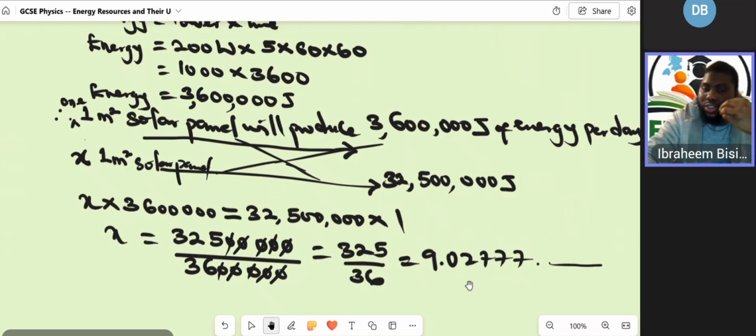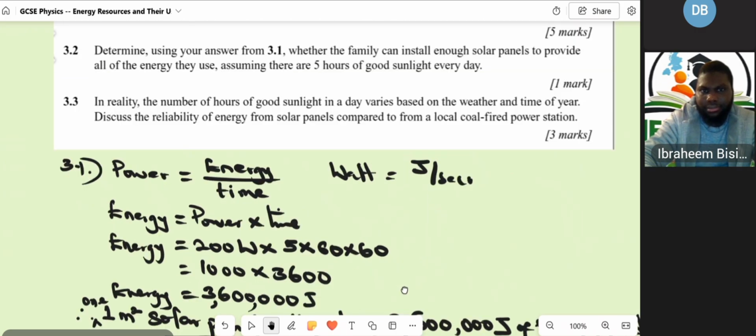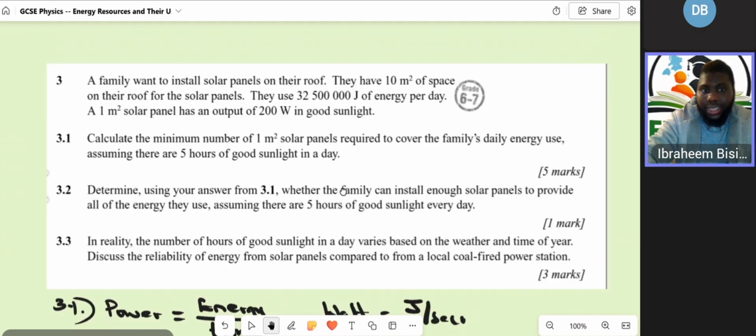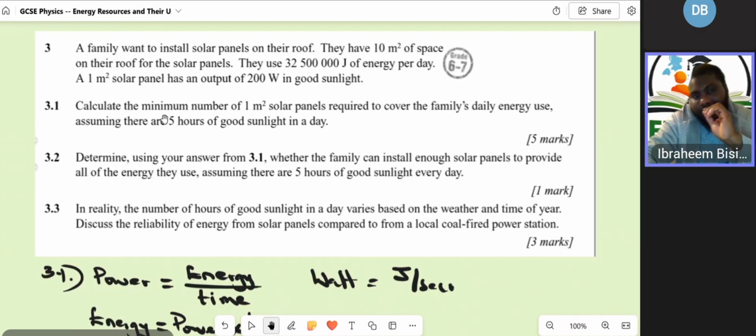But it has to be a whole number. You can write 9.02, this is the exact number, but a solar panel you cannot divide. It has to be a whole number. That is the reason why they're asking us to calculate the minimum number that we need.